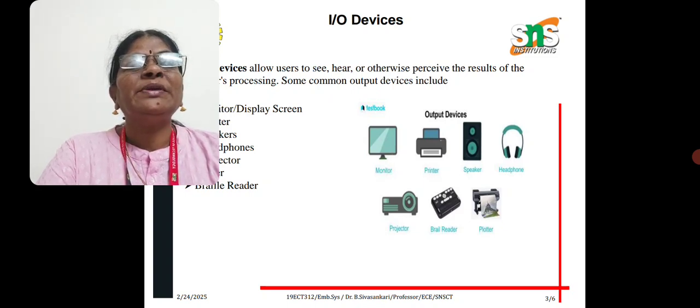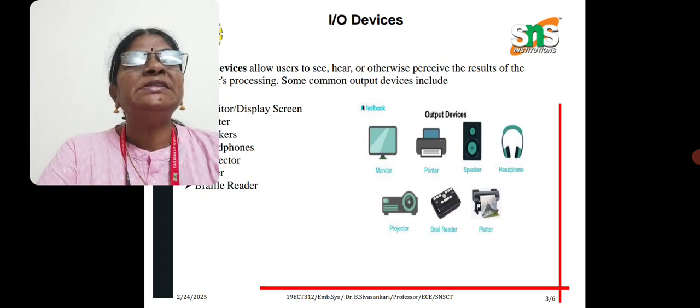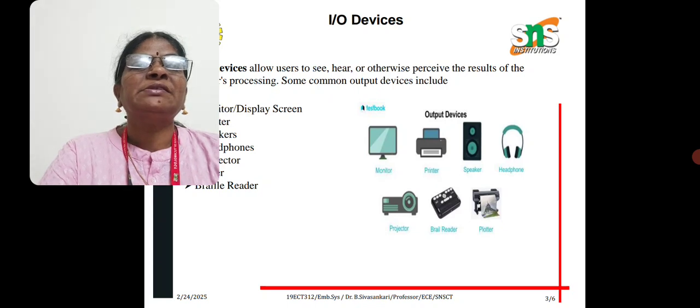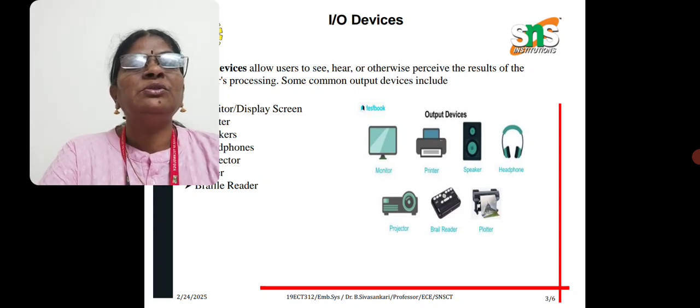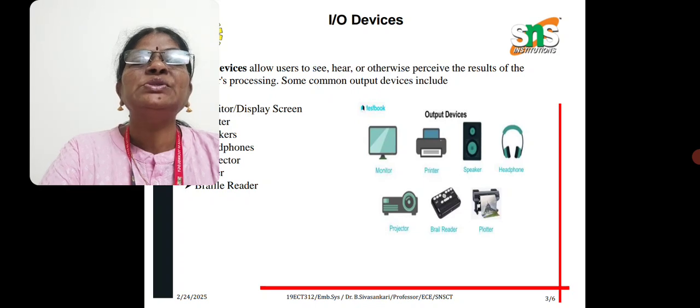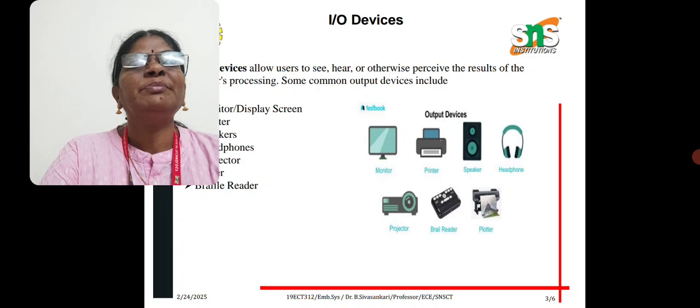Output devices allow users to see, hear or otherwise perceive the results of the processing.